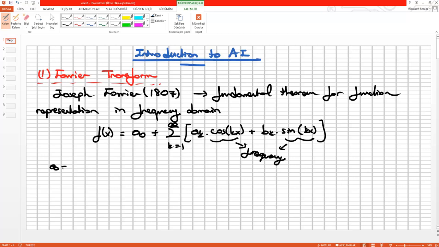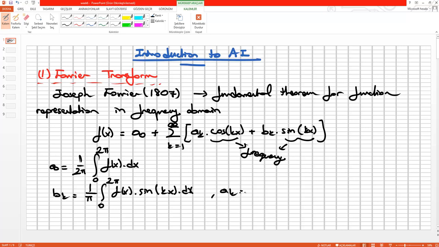And so this a0 can be obtained with a basic formula like 1 over 2 pi, over the period in here, f(x) dx, and b_k can be created with 1 over pi, integral from 0 to 2 pi of f(x) times sin kx dx, and a_k is obtainable with 1 divided by pi, from 0 to 2 pi of f(x) times cos kx dx.